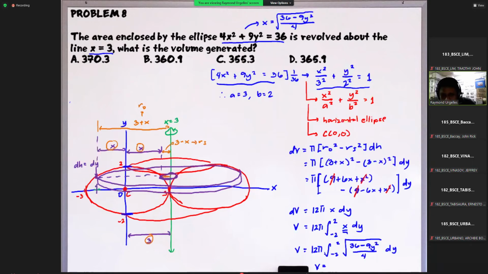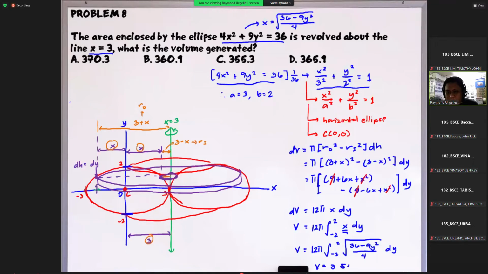Okay? So from -2 to +2. Okay? So okay, medyo matagal siya masosolve ng calculator kasi nga merong square root. No? Okay? So this should be 355.3.